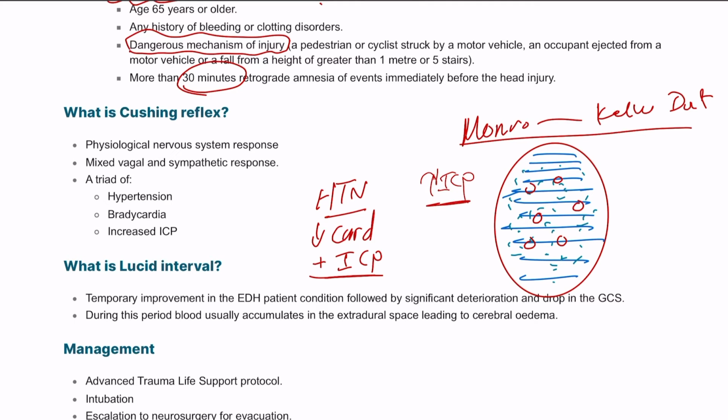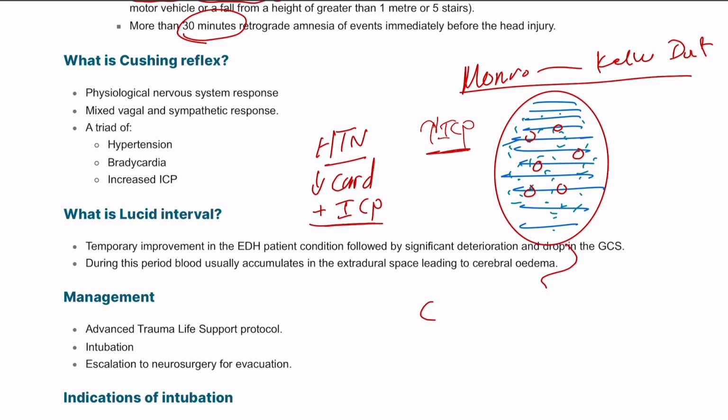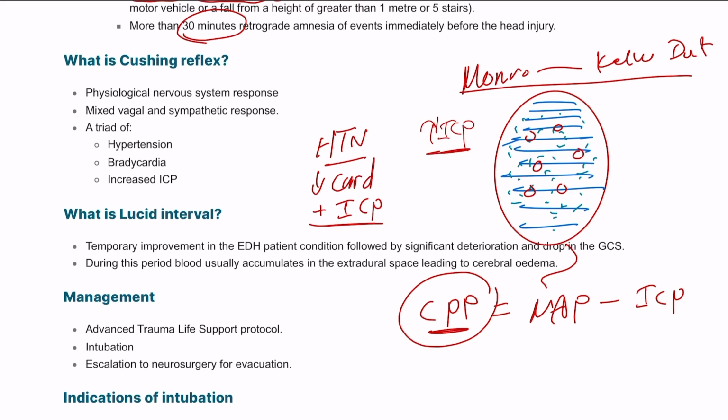And consequently, to maintain a good cerebral perfusion pressure, there is another thing called cerebral perfusion pressure. And this equals the mean arterial blood pressure minus intracranial pressure. So basically here we're trying to measure the amount of blood that will go into the brain. So the mean arterial blood pressure minus the intracranial pressure will give us the cerebral perfusion pressure.